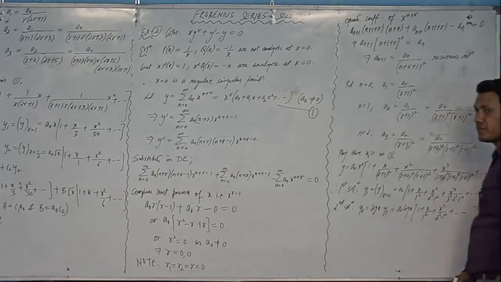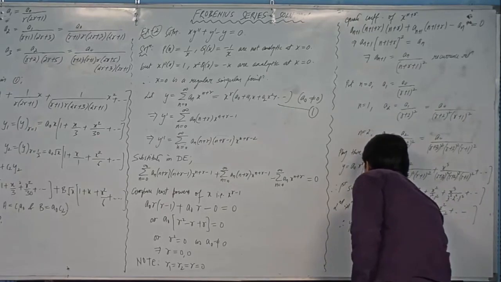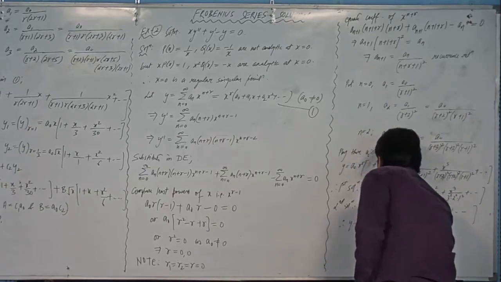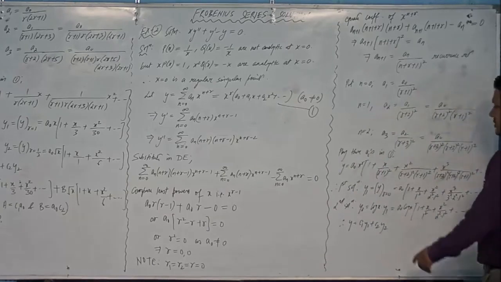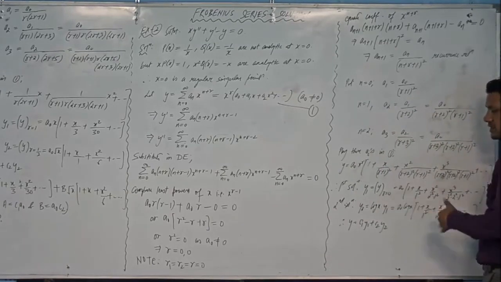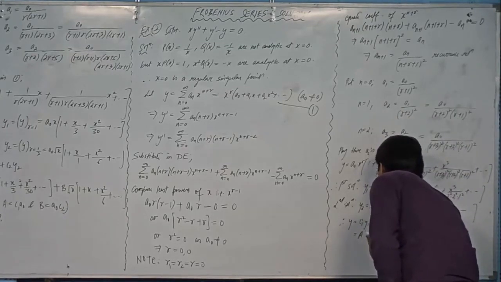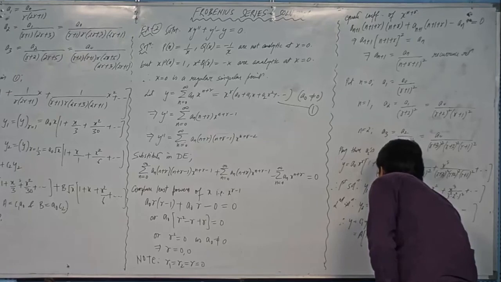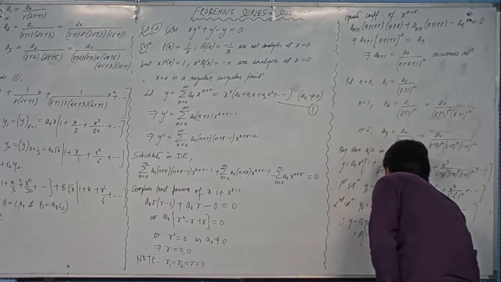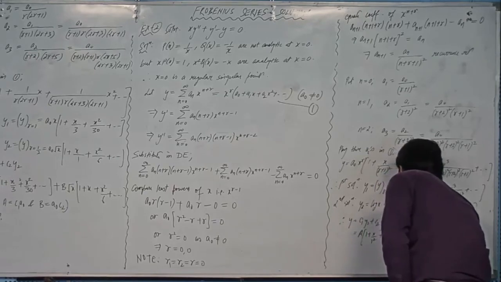Now the linear combination of these two functions will be your final solution, c1 y1 plus c2 y2, right? Multiplying c1 with y1, you get c1 times a0 outside the bracket, which I replace by capital A, and inside I have 1 plus x over 1 squared, plus x squared over 2 squared times 1 squared, and so on.